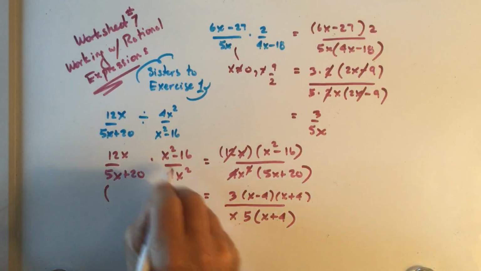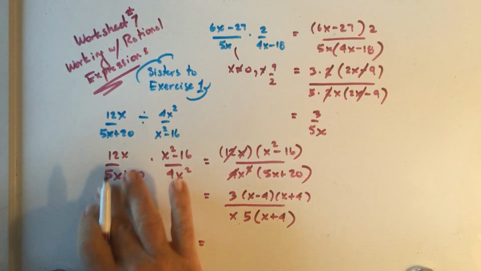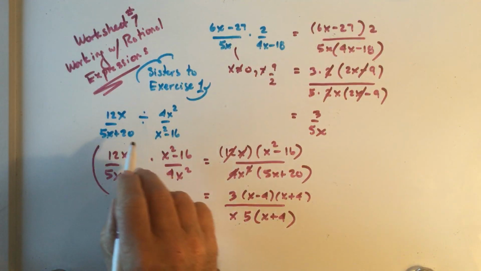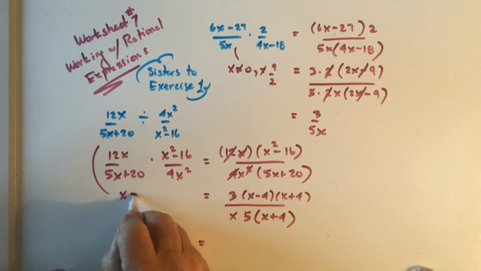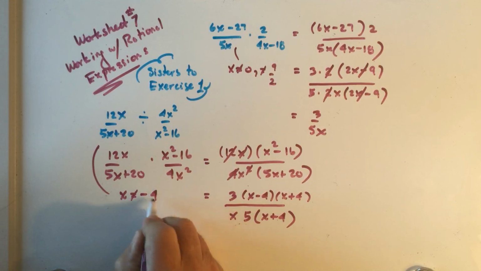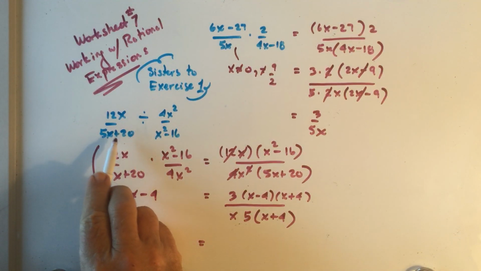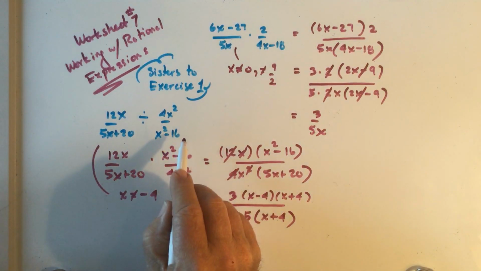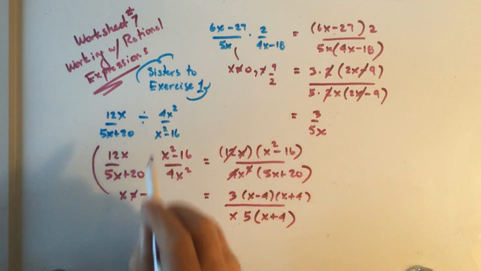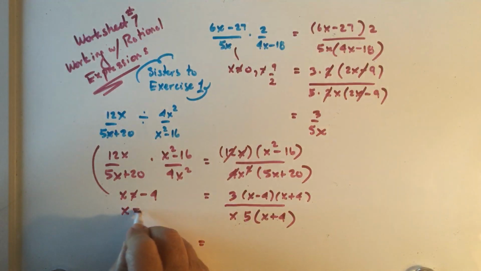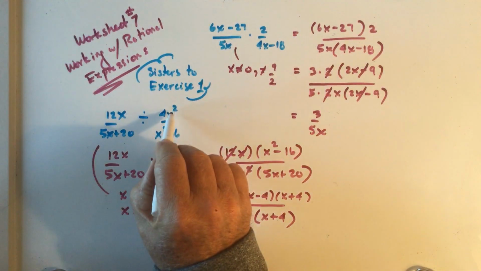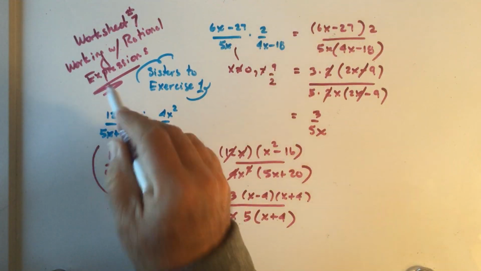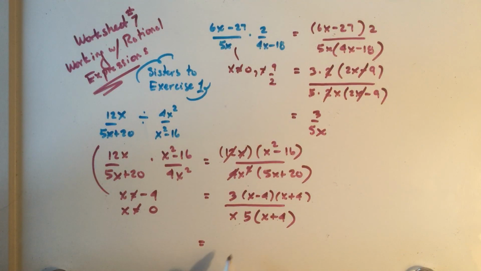In this particular problem right here, x cannot be equal to minus 4, because if it is, 5 times minus 4 plus 20 is 0, puts 0 in the bottom. And it cannot be equal to 0 either, because that makes this whole term 0, and you'd be dividing by 0. Okay, so that covers the situation we're in right now.